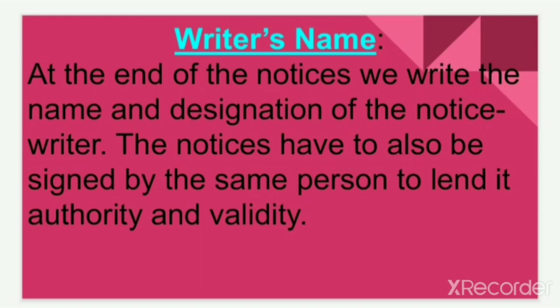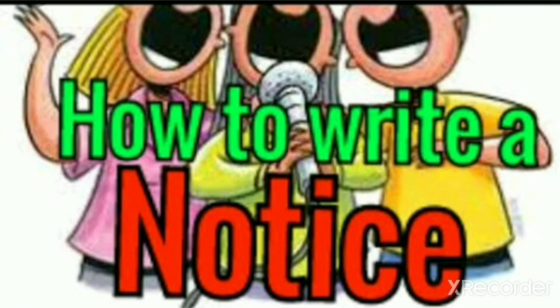At the end of the notice, we write the name and designation of the notice writer. The notice has to also be signed by the same person to lend it authority and validity. So lastly, we have to write the signature also. Children, this is how we have to write a notice.